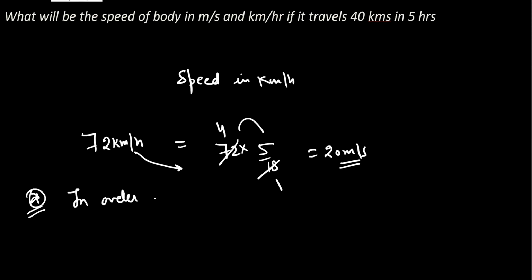In order to convert kilometer per hour to meter per second, we multiply.